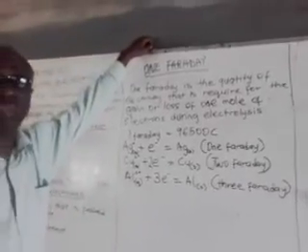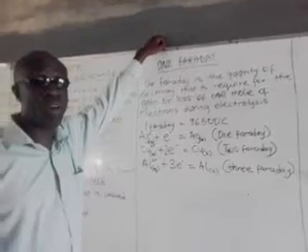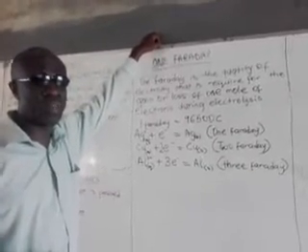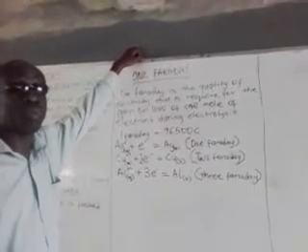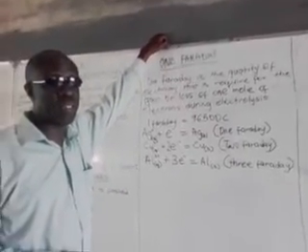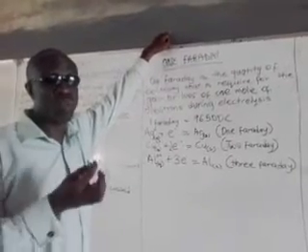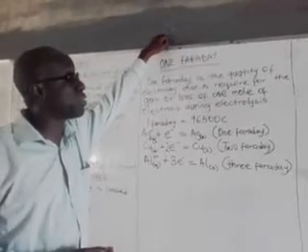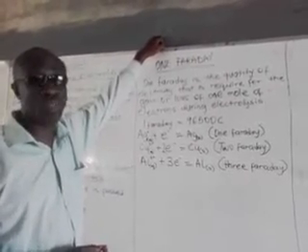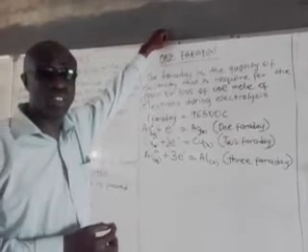It is the quantity of electricity that is required for something to gain or lose 1 mole of electrons during electrolysis. So it is the quantity of electricity that is required if 1 mole of electrons is to be gained or lost during electrolysis.